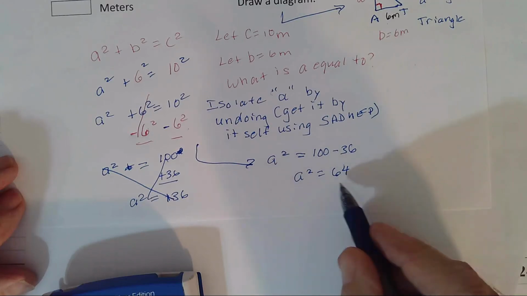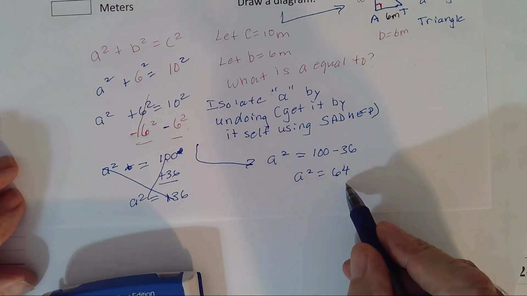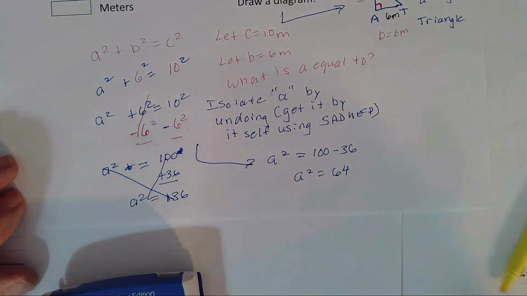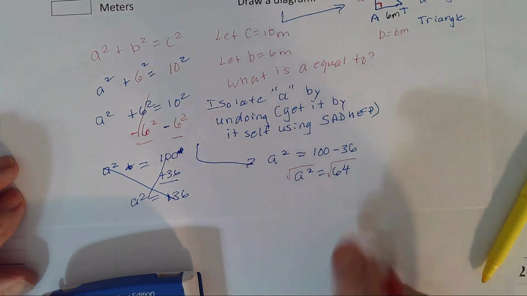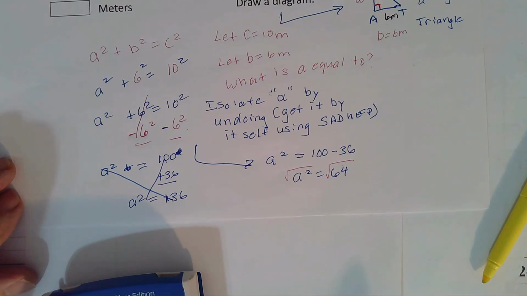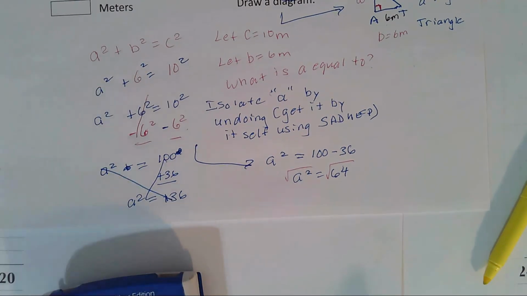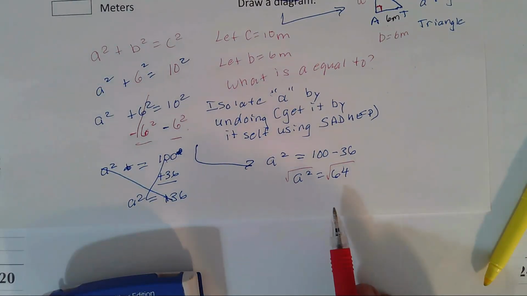All right, what is A? So we have to take the square root of 64. And again, you could go do it backwards and say what times what equals 64. And you probably remember from your math what it is.